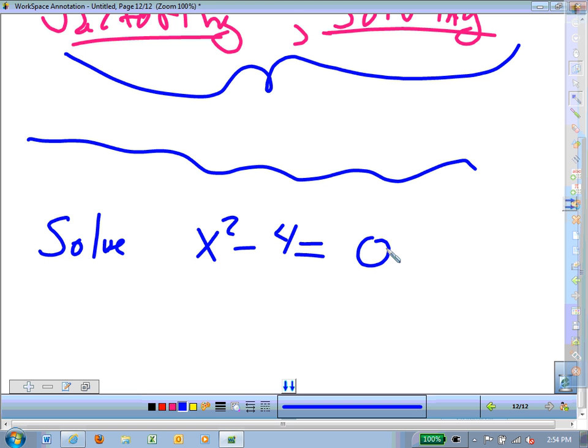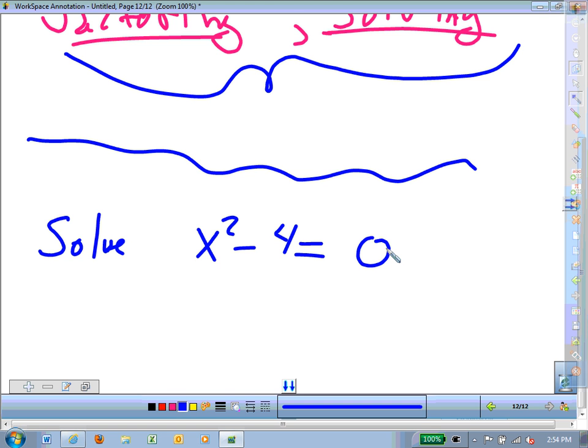So what does that mean, to solve that equation? You're solving for X. Yeah, you want X. Solving for X. Which X? What is X? Yeah, it's the missing one.